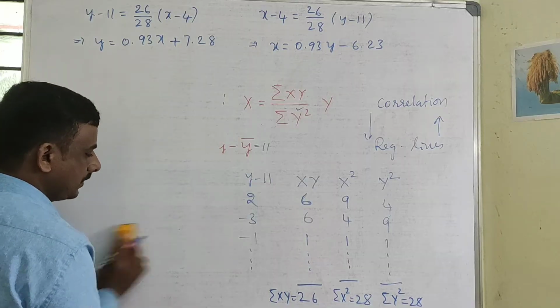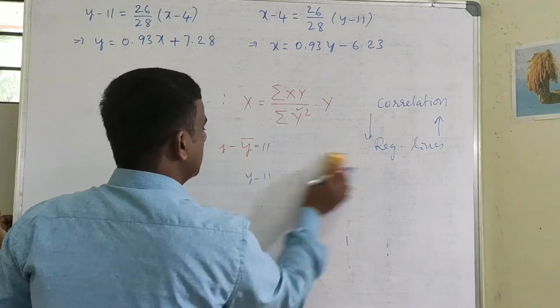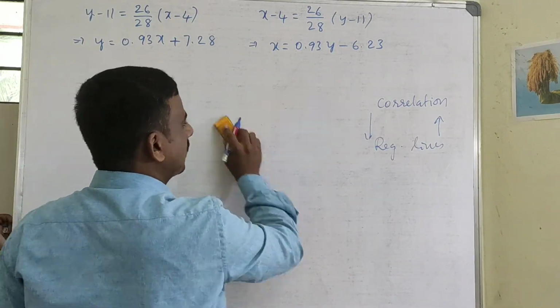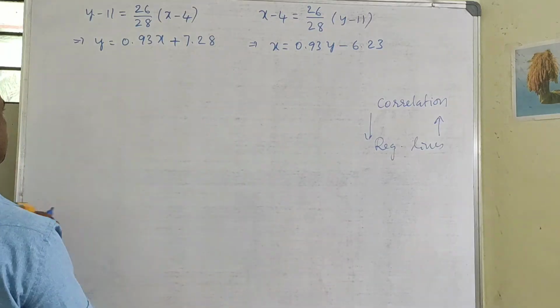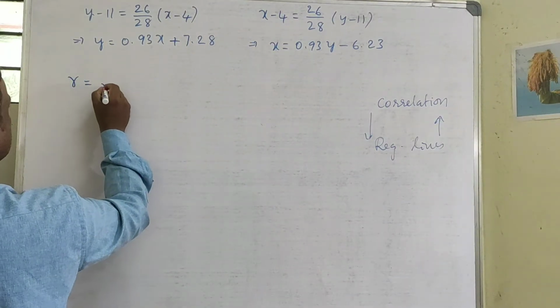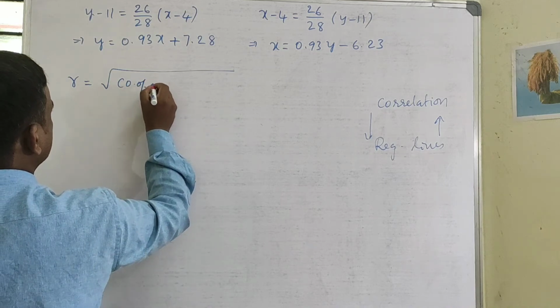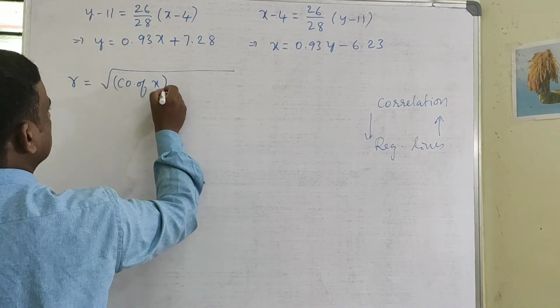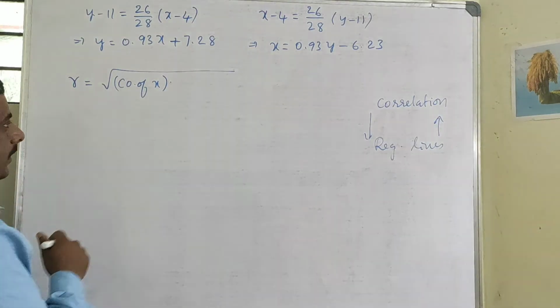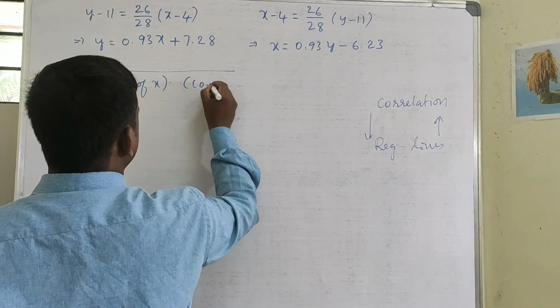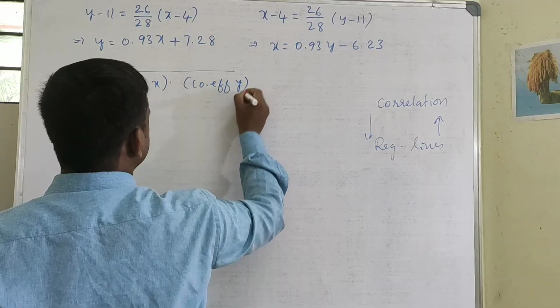Now we need to compute the coefficient of correlation. To compute it, we have the formula r equals the square root of the coefficient of x in the regression line of y on x times the coefficient of y in the regression line of x on y.